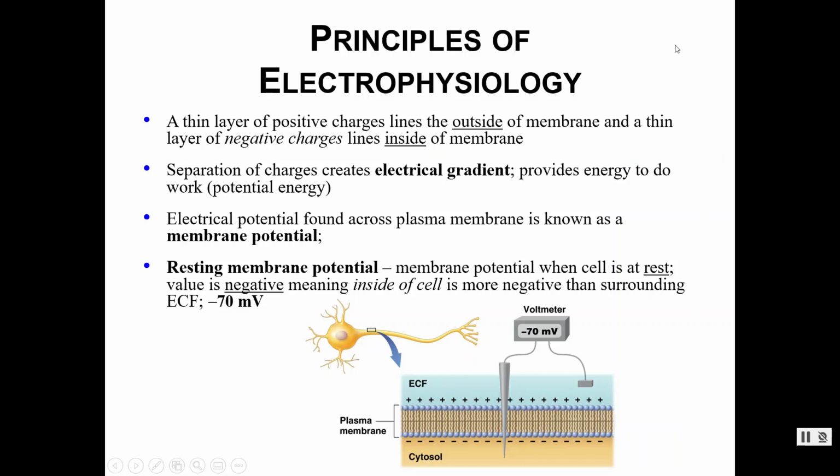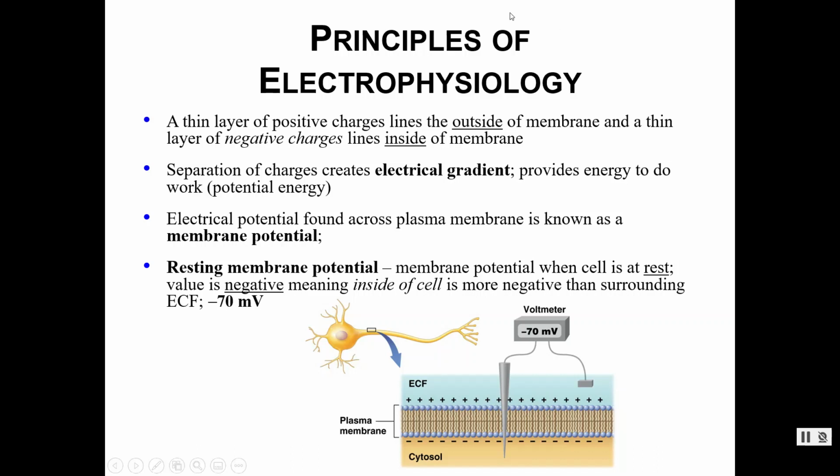You have become familiar with the idea of membrane potential, specifically resting membrane potential, and then changing membrane potentials during action potentials. That discussion was in regards to muscle physiology. However, neuron physiology basically works the same way.